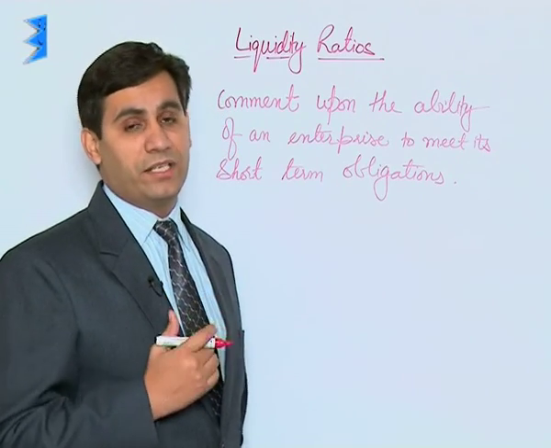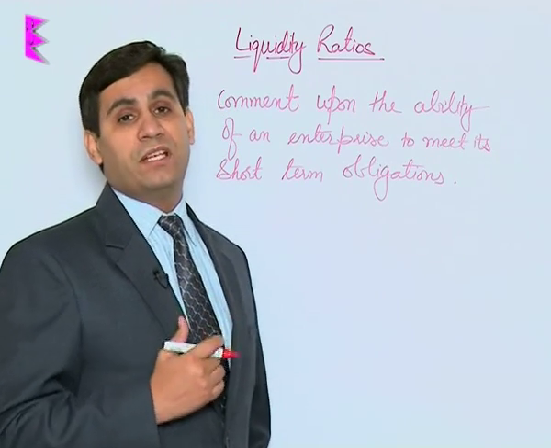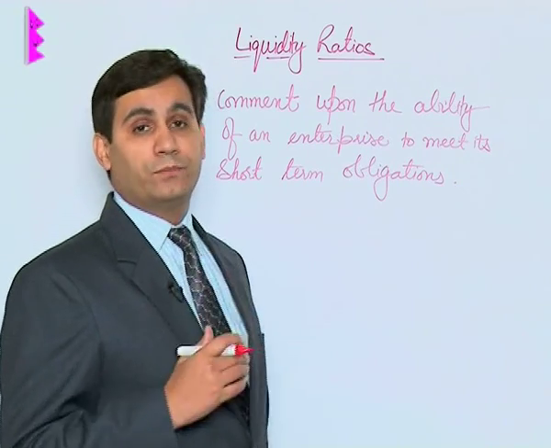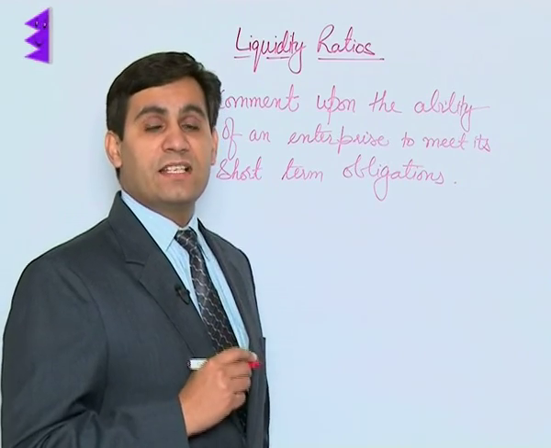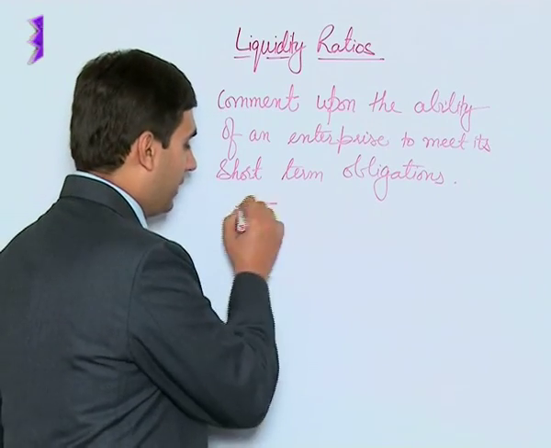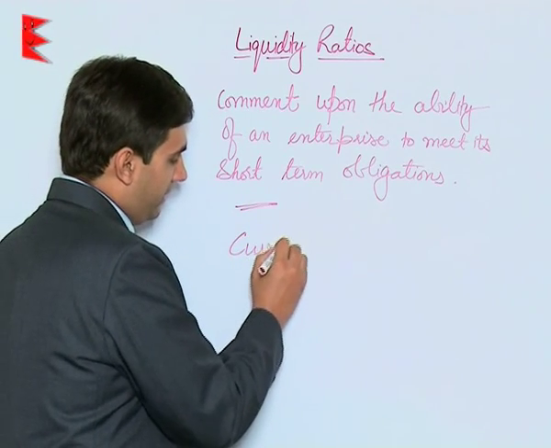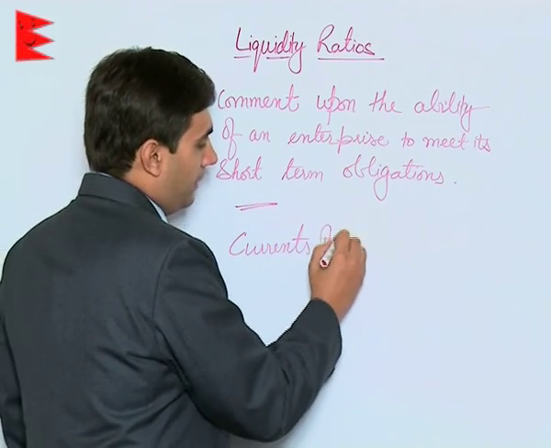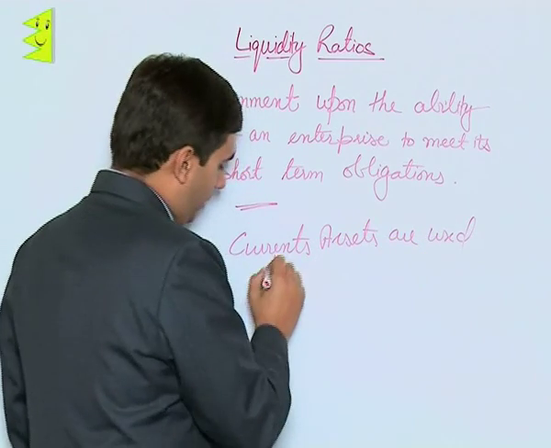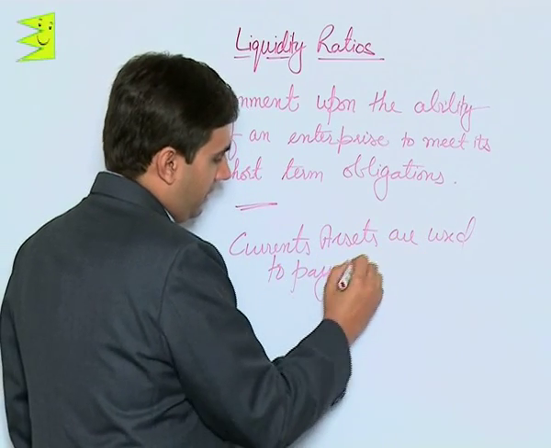Similarly, for current liabilities, we mean those liabilities which have to be paid within 1 year. Now remember, it is only the current assets that we use to pay our liabilities. So we can say that current assets are used to pay current liabilities.